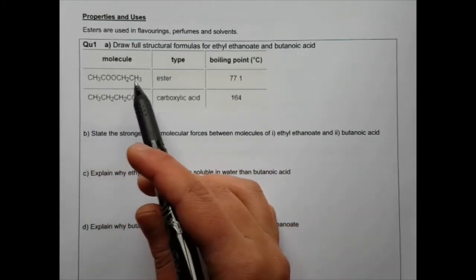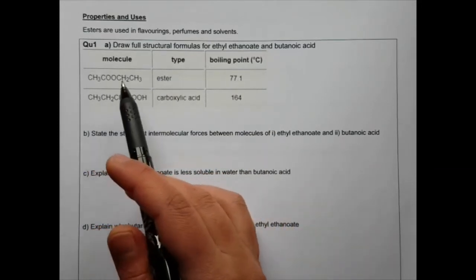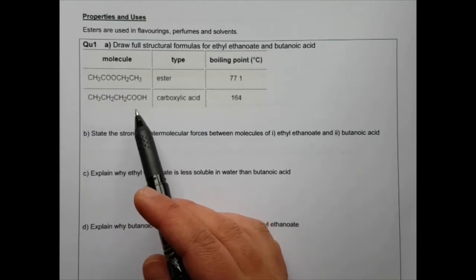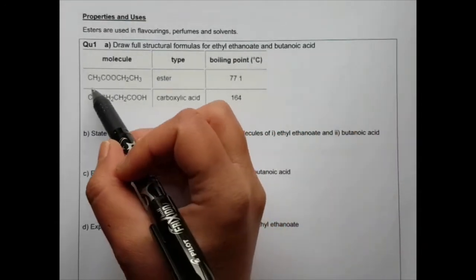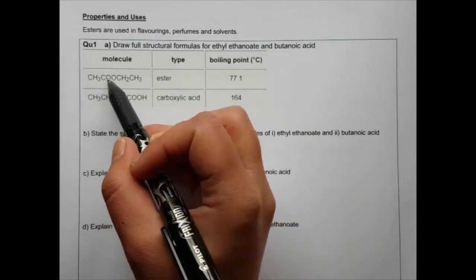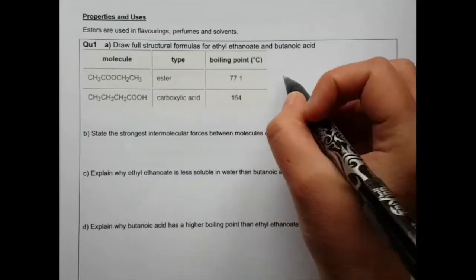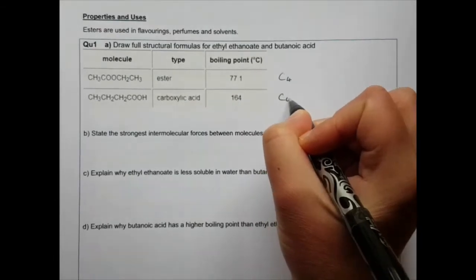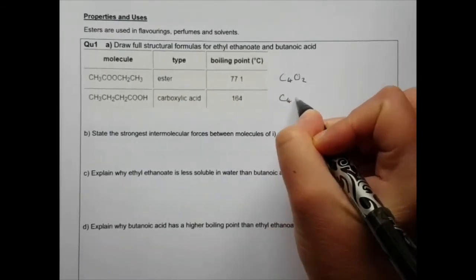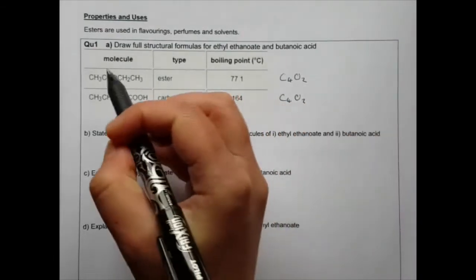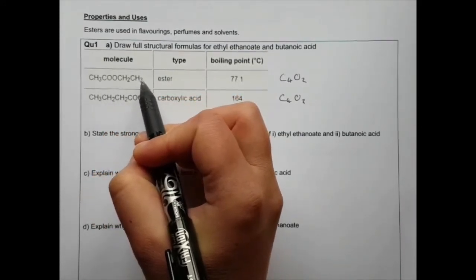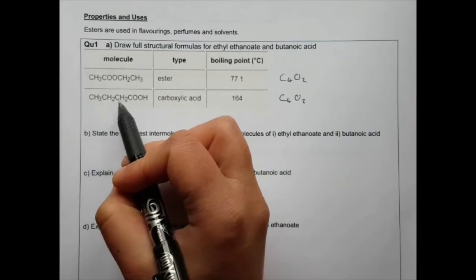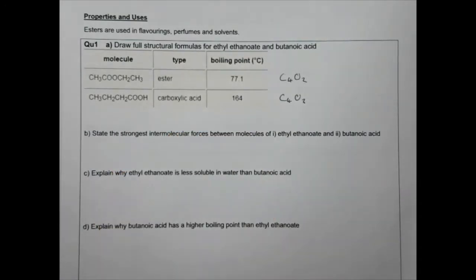In this table we've got ethyl ethanoate here, and we've got ethanoic acid here. Now if we count up the molecular formula for these, they're both C4, O2, 2 oxygens, and then hydrogens 3 plus 5.